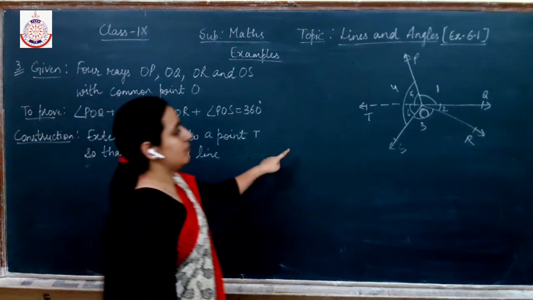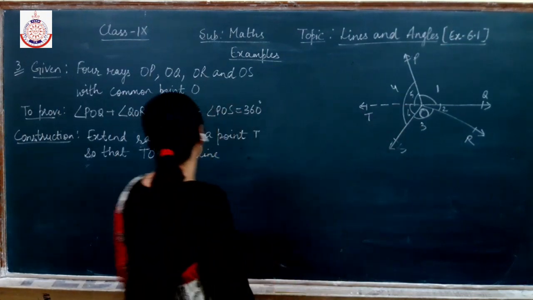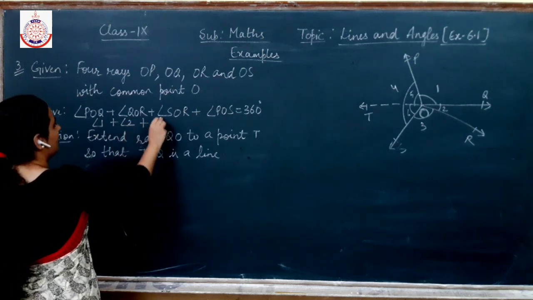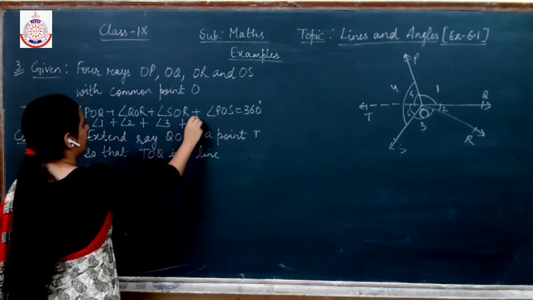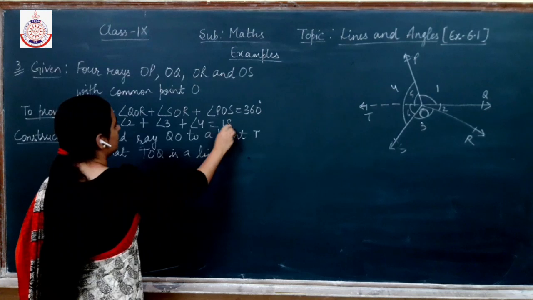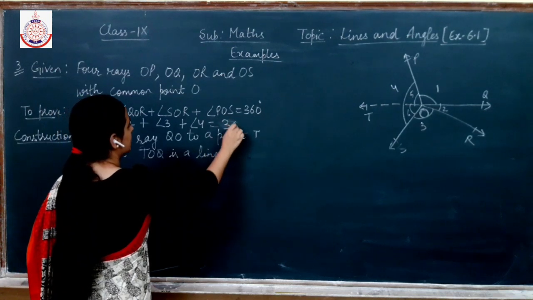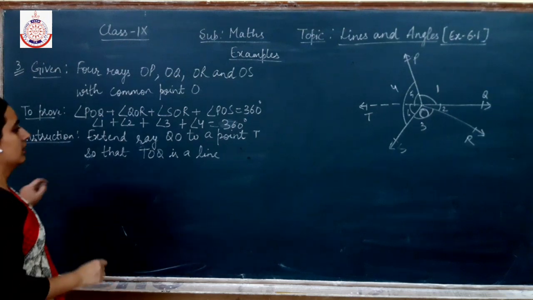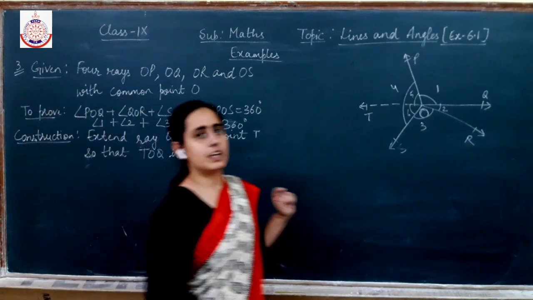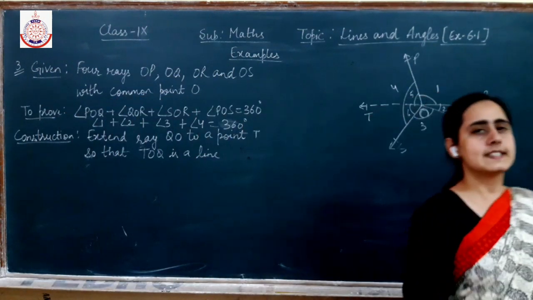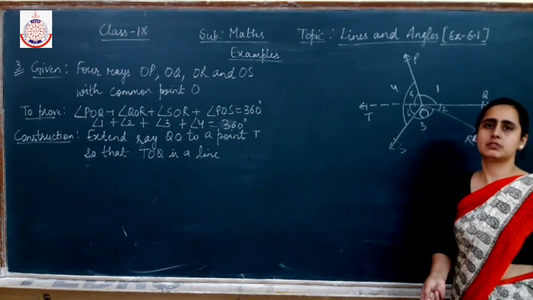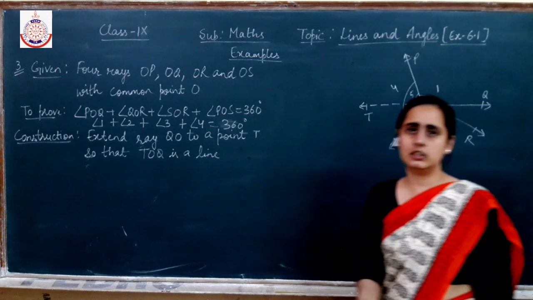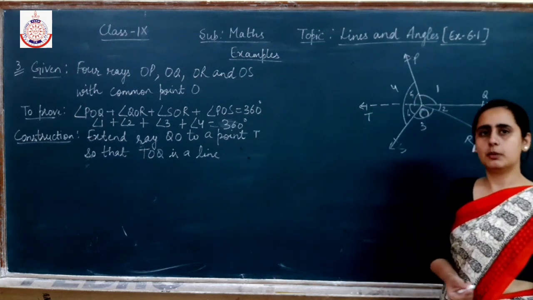According to the naming which I have given in the figure, I have written angle 1 plus angle 2 plus angle 3 plus angle 4 equals 360 degree. Now, in this question, we have done a construction. See, in geometry, sometimes for proving or for finding something, we can do a construction.